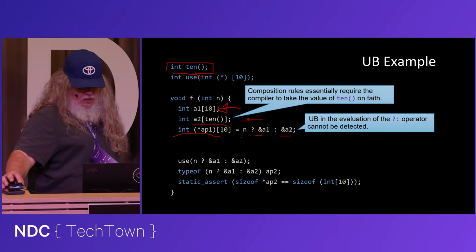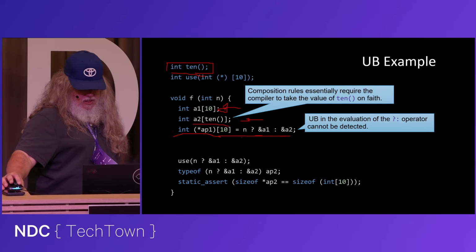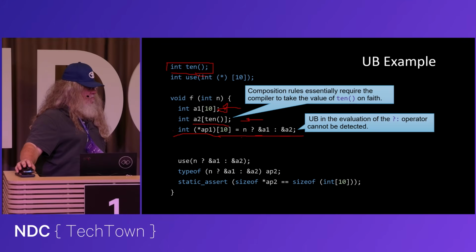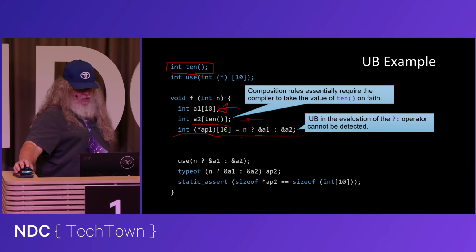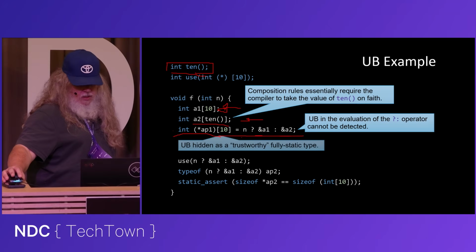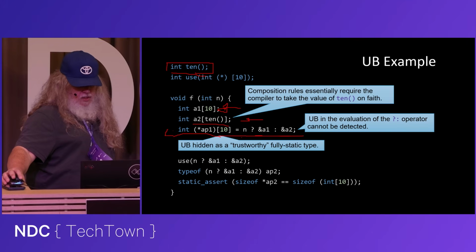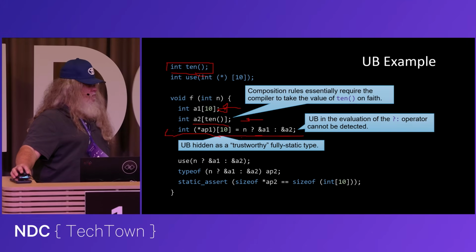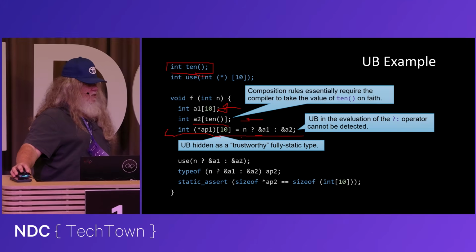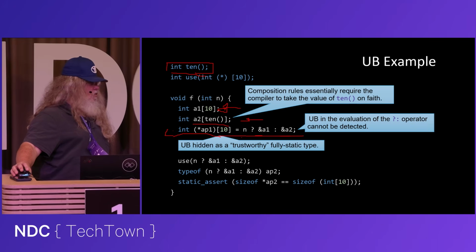So the UB present in this expression cannot be detected by the compiler, right? We have no idea. We're just going to trust that this is going to return the right size. So after this initialization, we now have this trustworthy, fully static type which may be entirely wrong, right?